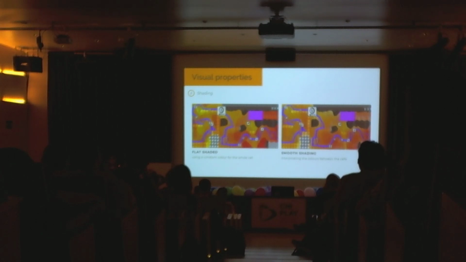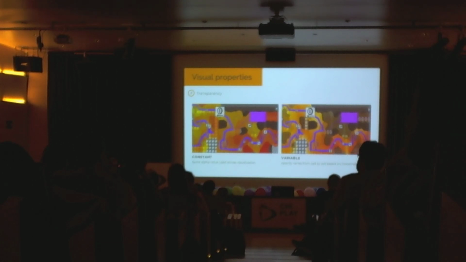In terms of the visual design properties, the first one we investigate is shading, which is either flat shaded, as you can see on the left, where we're using a constant color for the whole cell, or smooth shaded, as you can see on the right, where interpolation of the colors takes place between the geometric cells and the tessellated geometric overlay.